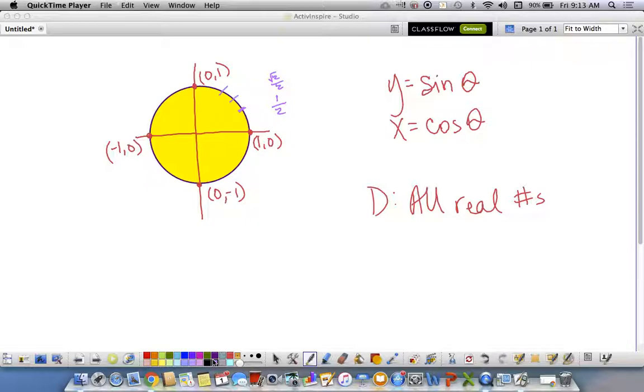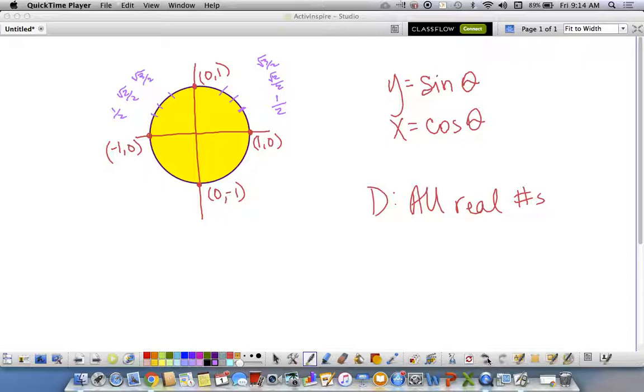And the next one? Square root of 3/2. Output. 1. Next one. It's the same ones. And are they all positive?